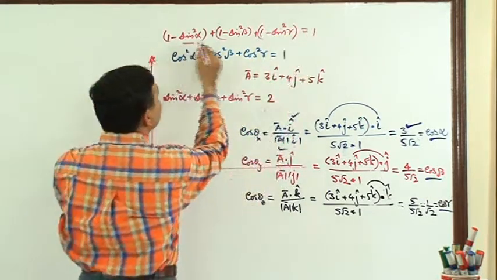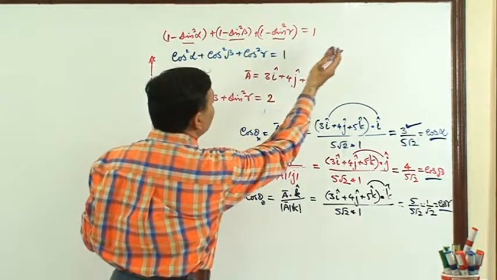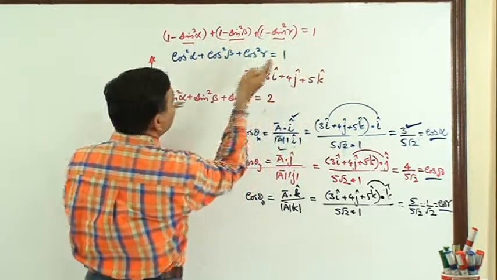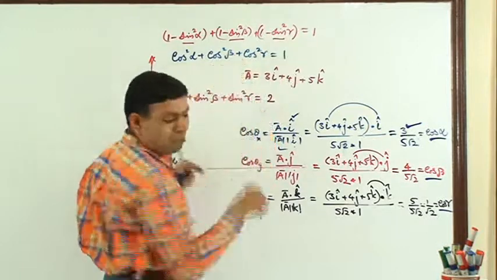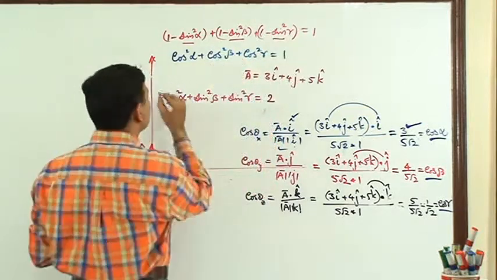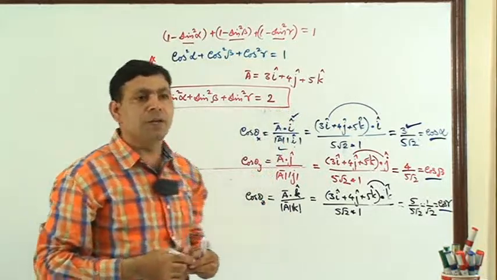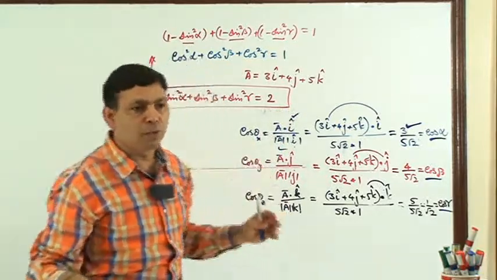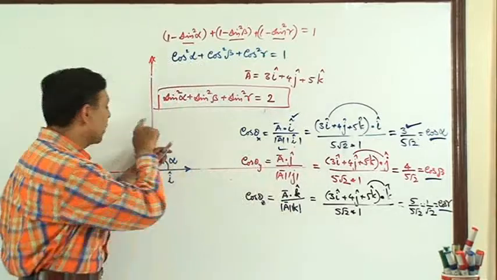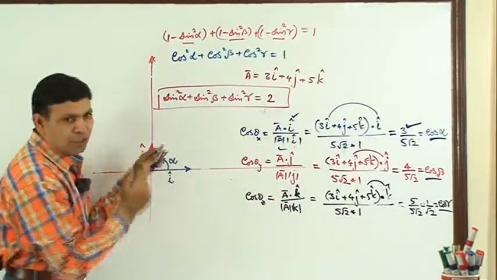Now you can take these 3 terms to the other side, they become positive, and these three 1s remain this side, that is 3, and minus 1 will be 2. You get sin square alpha plus sin square beta plus sin square gamma equal to 2, where alpha, beta, gamma are the angles vector A makes with x-axis, y-axis and z-axis respectively.